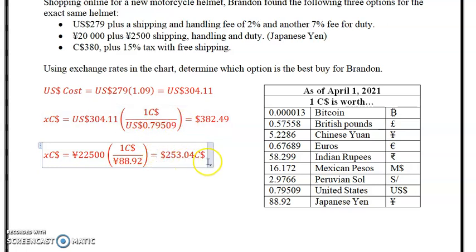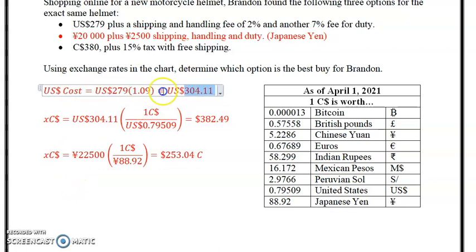When you put the dollar symbol there, you just put Canadian. It's up to you. Canadian, right? All right. And then obviously this is going to be the cheaper option, right? So the cheapest is the Japanese yen. You don't even have to calculate that, but I will do the calculating anyway. So I'll steal this.